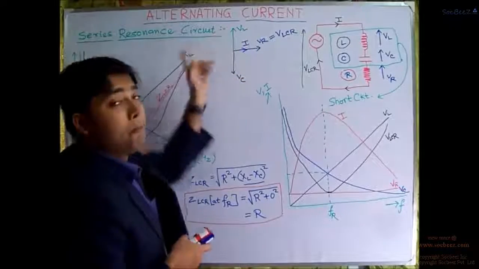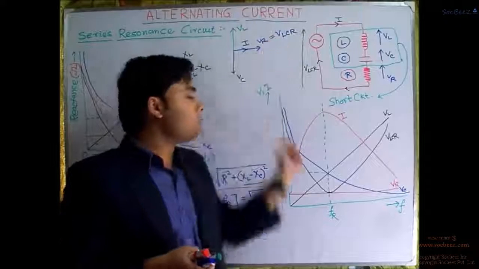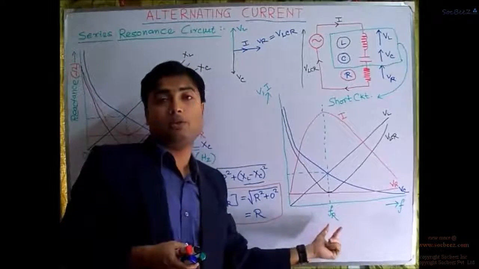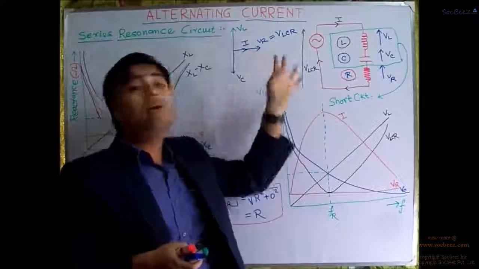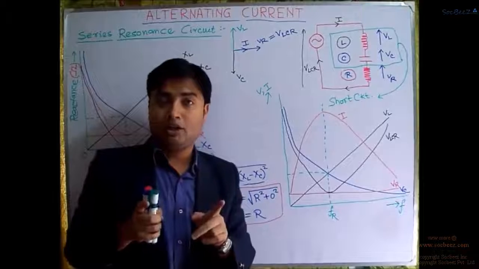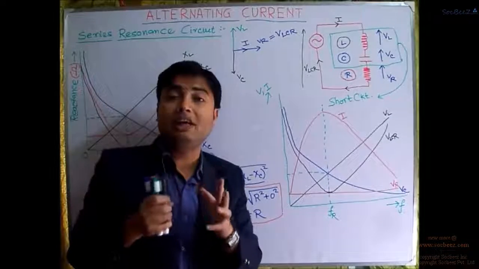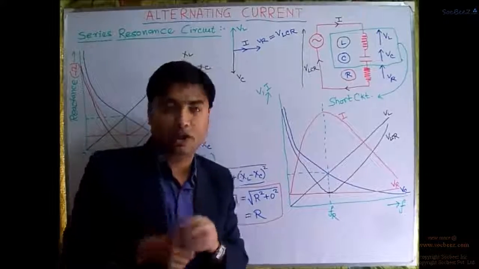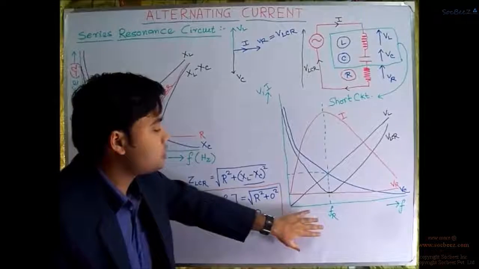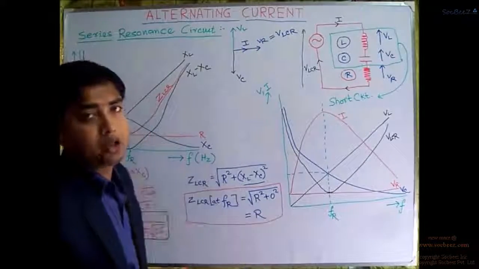But I and this VLCR, at this particular instant when the frequency equals Fr, will simply be in phase, right? So the difference of the phase angle will be equal to 0.